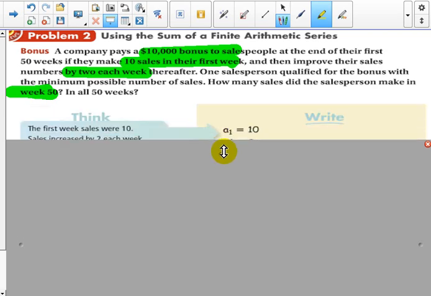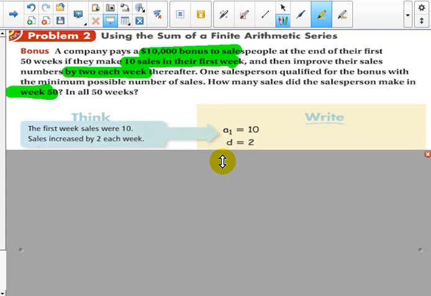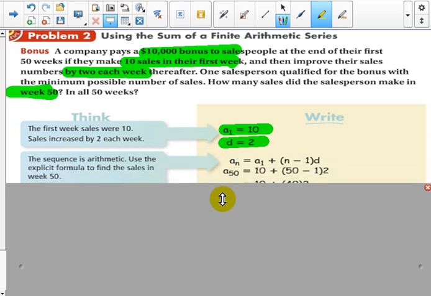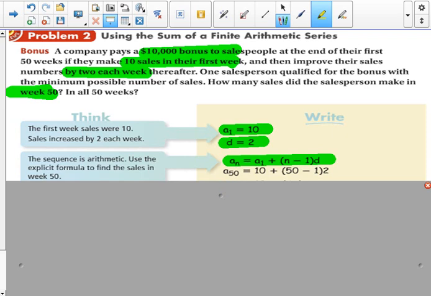So first we're going to use, and here's the things I just talked about. Our first term, a sub 1 is equal to 10. We know each difference is 2. And we know this is an arithmetic sequence, so we're going to use the explicit formula to find the sales for week 50. So this is from our previous lessons.